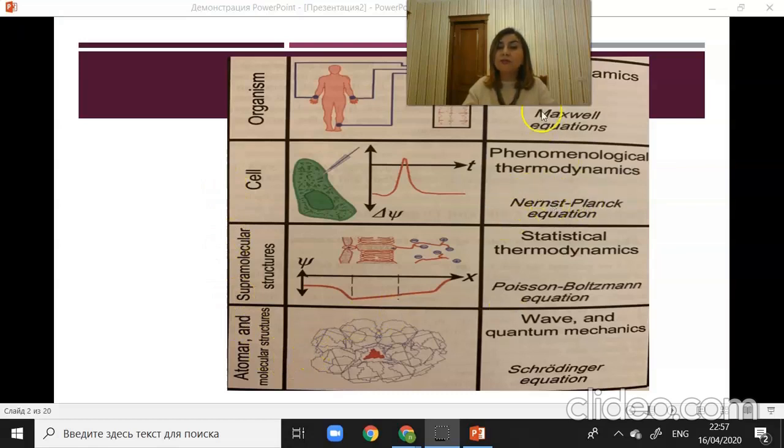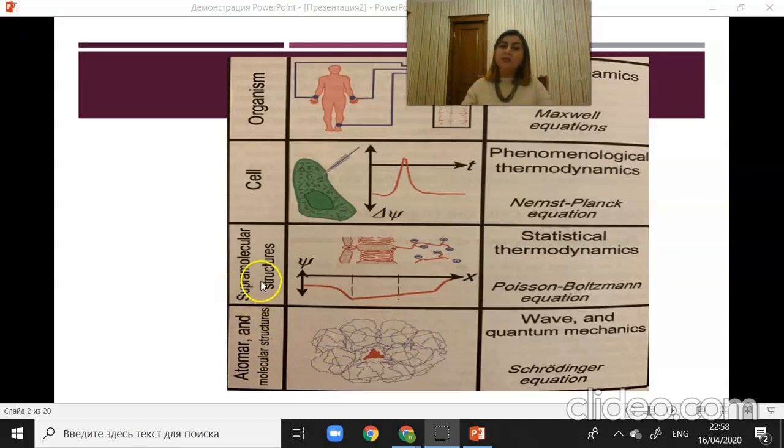Starting from the atomic and molecular structure, it is examined by wave and quantum mechanics based on the Schrödinger equation. This equation allows us to determine electrical parameters of the system at the atomic level using the energy of chemical bonds and molecular interaction.